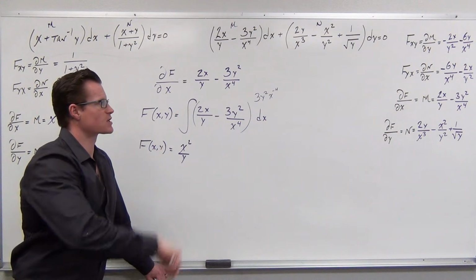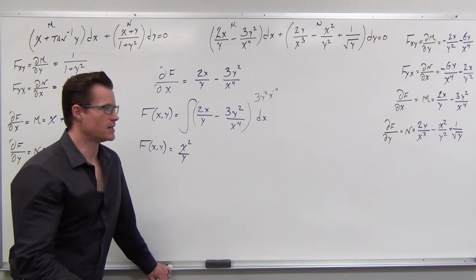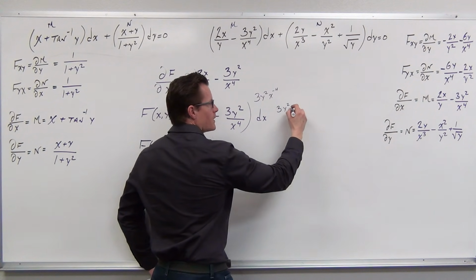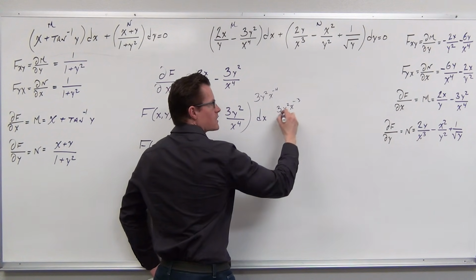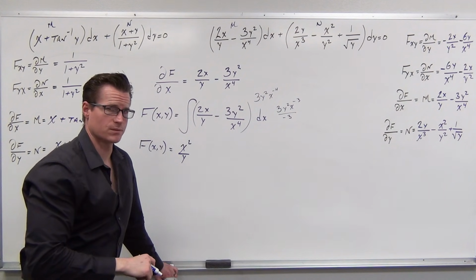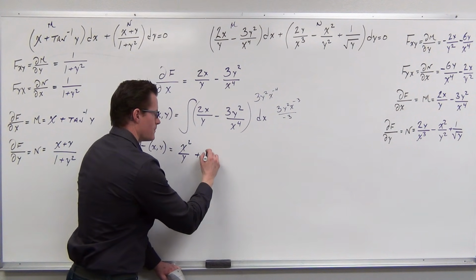Let's add 1 to the exponent, that's -3. Divide by the new exponent, that's divided by -3. So this would be 3y squared x to the -3 over -3. Those 3's are going to cancel. We're going to get x to the 3rd on the bottom, and our sign's going to change.